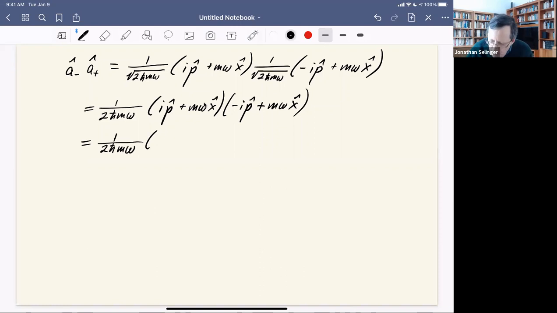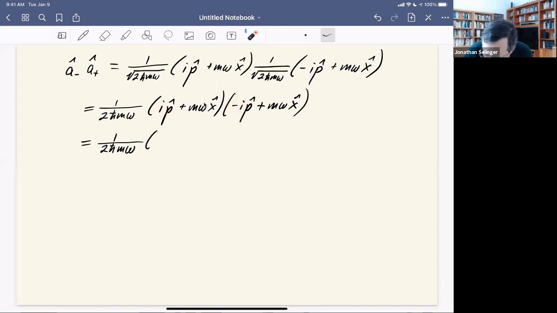Okay, so let's say first we have this IP composed with this negative IP. Well, the factor of negative I gets pulled out, right? It just is a constant. So the negative I gets multiplied by the I, that makes 1.